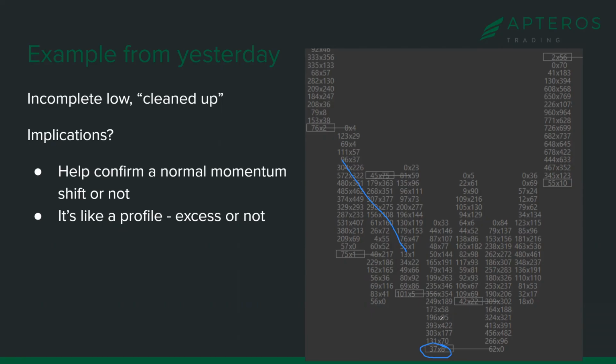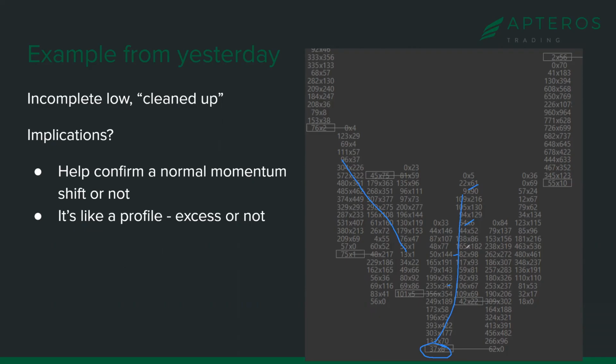Incomplete, and we went all the way up this many ticks, right? 1 point, 2 points, 3 points, 4 points, 5 points, 5.5 points, whatever.